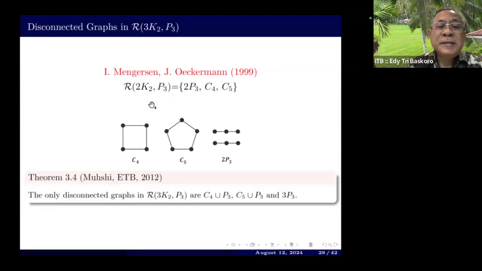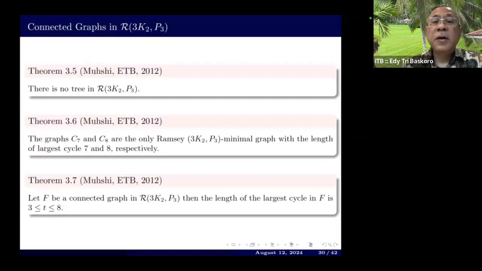And if we consider the result of Mangerson and Ockerman about the Ramsey minimal graphs of 2K2, P3, then we can show that the only disconnected graphs in Ramsey 3K2, P3 are C4 union P3, C5 union P3, and 3P3. Furthermore, for connected ones, trees are not possible, and cycles are only C7 and C8.